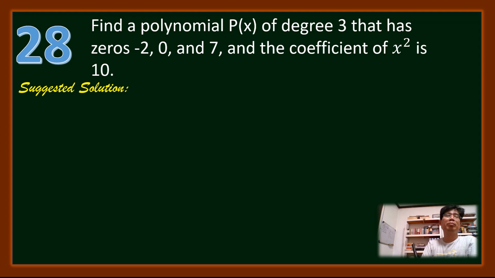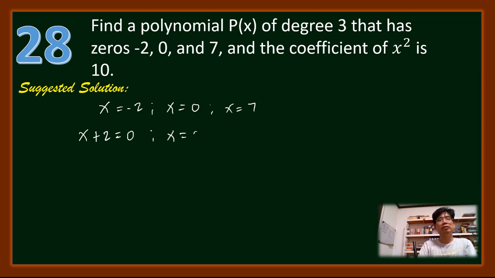If the zeros of the polynomial are negative 2, 0, and 7, then we have x equals negative 2, x equals 0, and x equals 7. From here, we have the factors of the polynomial such that x plus 2 equals 0, also x equals 0, and x minus 7 equals 0.